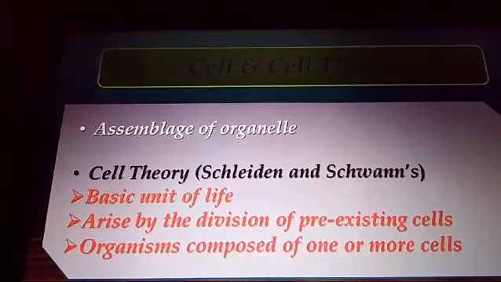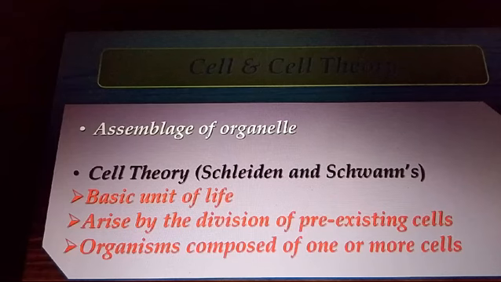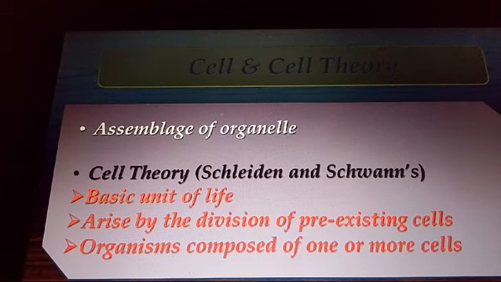Okay, first of all, we should know what is a cell. Cell is basically the assemblage of different types of organelles, and the cell theory is basically given by two scientists, Schleiden and Schwann, and there are three key points of this theory. One is that the cell is a basic unit of life.